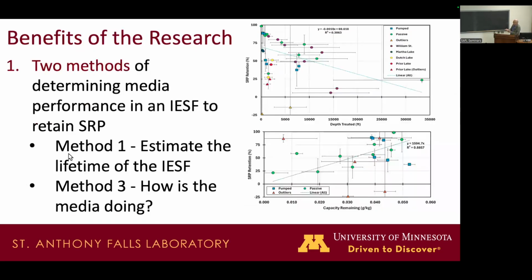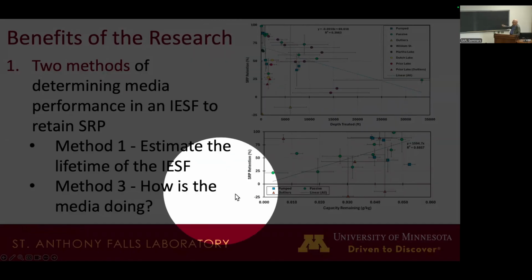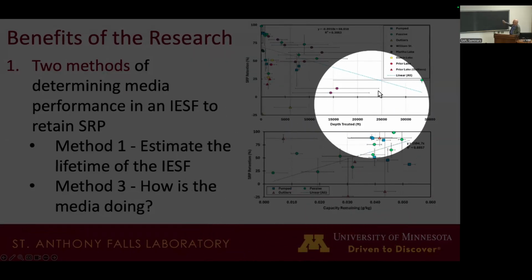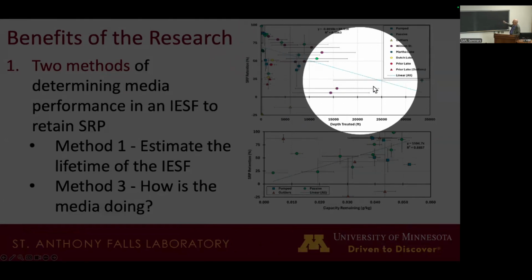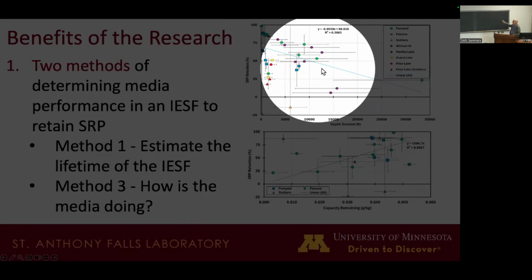So the benefits of the research: we have 2 methods of determining performance of an IESF, iron enhanced sand filter, to retain phosphate. We have this equation here, which is depth treated versus SRP retention. Here we also have SRP retention versus capacity remaining. Here you're just doing a paper analysis, a desktop analysis on data that you already have.